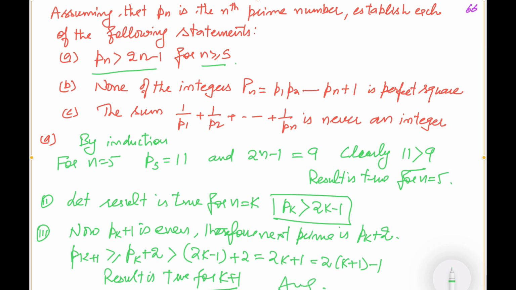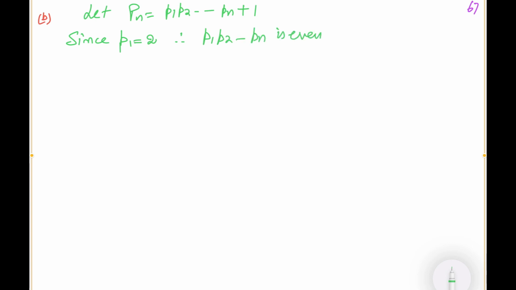Now we prove the second result: none of the integers P1P2...Pn plus 1 is a perfect square. Let P1, P2, ..., Pn plus 1 be the given number. Since P1 is the first prime, that is 2, any multiple of 2 is even, which makes P1P2...Pn even. And when we add 1 to even, it becomes odd.